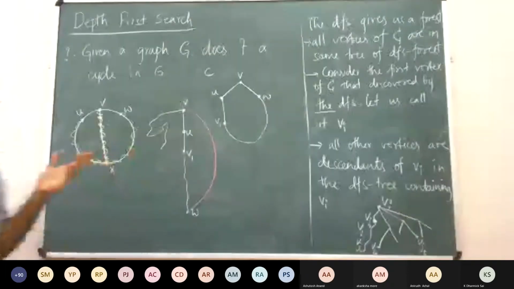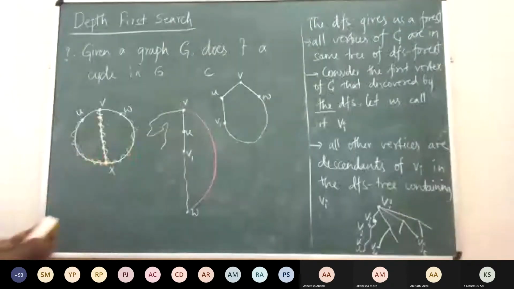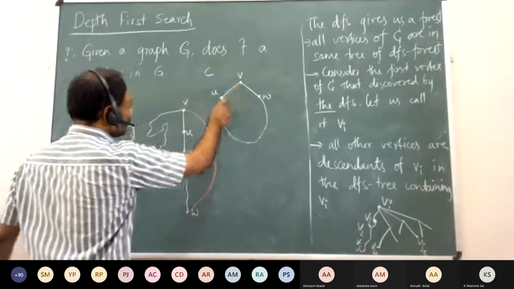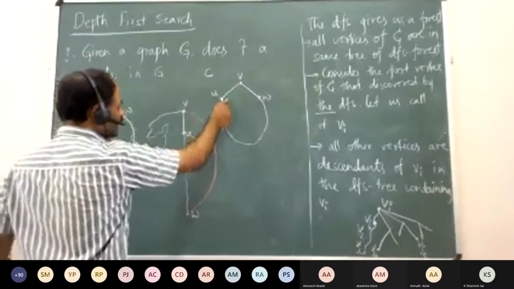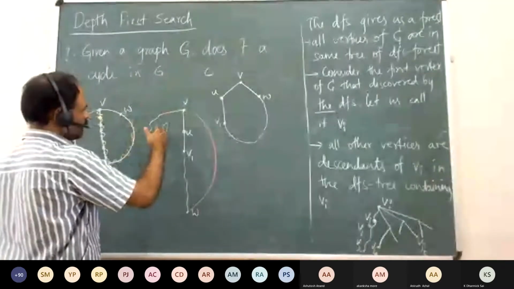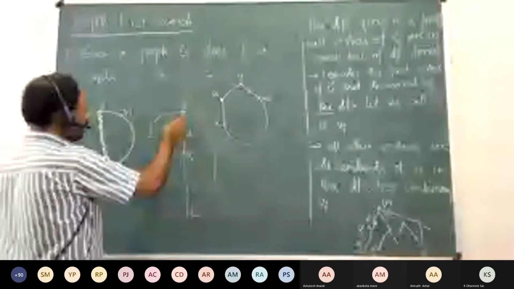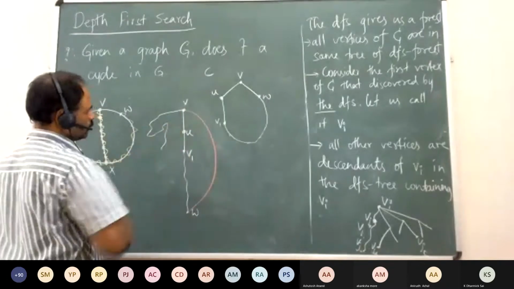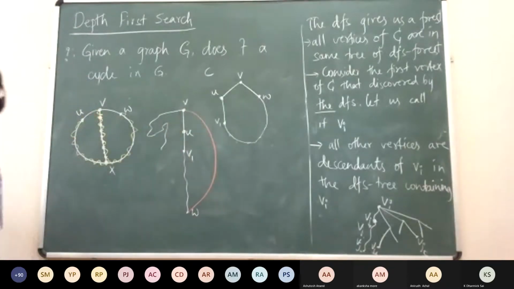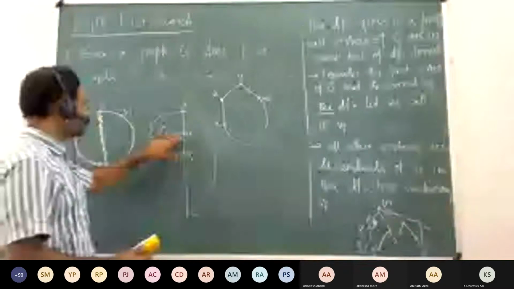So from V, V is discovered. Now by contradiction, assume that there is no non-tree edge, right? Then the edge VU should be a tree edge, which means that at some point it might visit many other vertices which are not there in the cycle, and then it will come back and visit U here. Since it's a tree edge, it will visit U here.